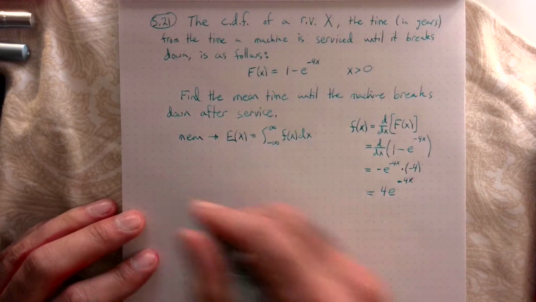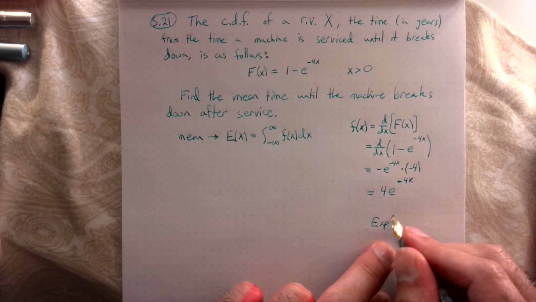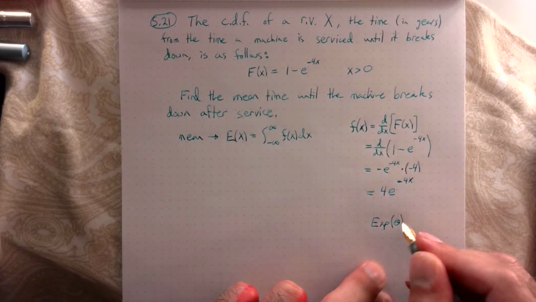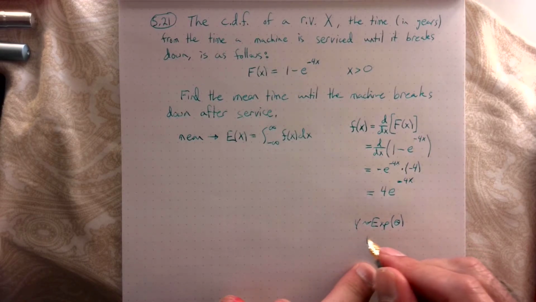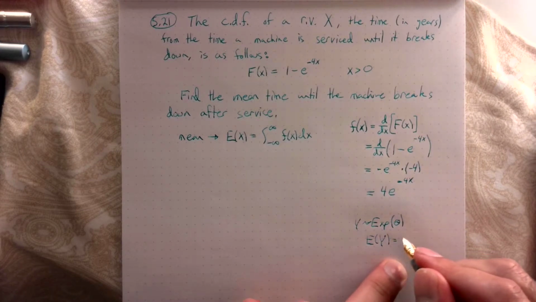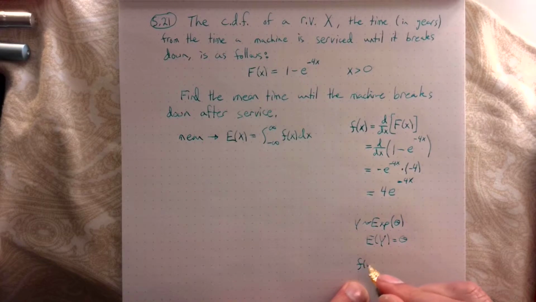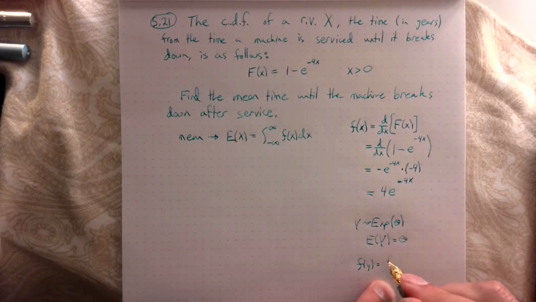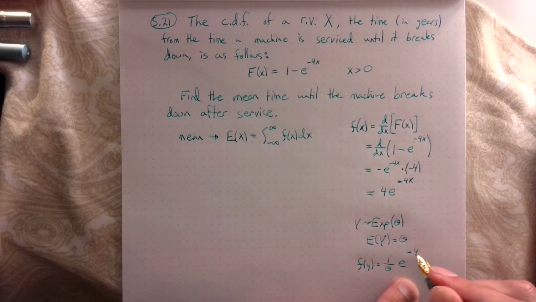So for an exponential random variable with parameter theta, let's say y is exponential with parameter theta, then the expected value of y is just theta. And then what is our f of y? That's going to be given by 1 over theta times e to the minus y over theta.